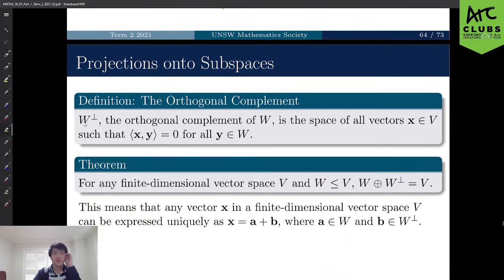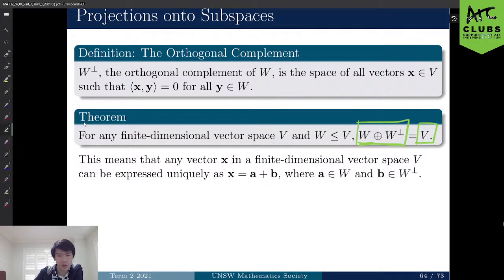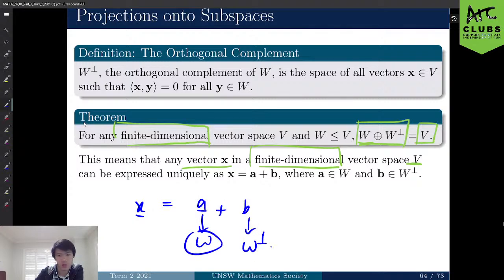And so we have a theorem that the direct sum of W and W complement equals the entire space. So what that means is that if we have any vector x in V, as long as it's finite dimensional, so for any finite dimensional space this is true, then x can be written as some vector from W plus some vector in the W complement.